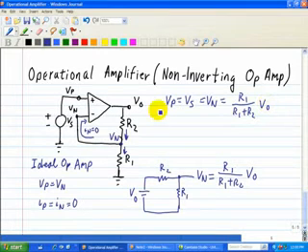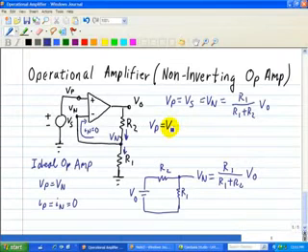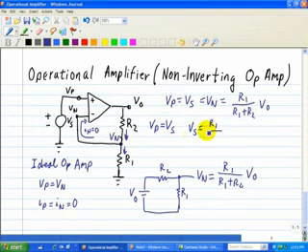So therefore, our input is Vp, which is equal to Vs. So in terms of our output, Vs is equal to R1 divided by R1 plus R2 times VO.